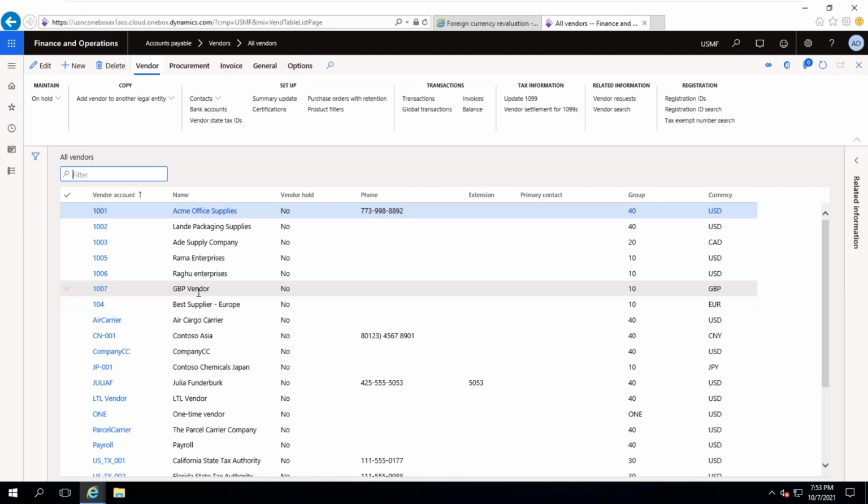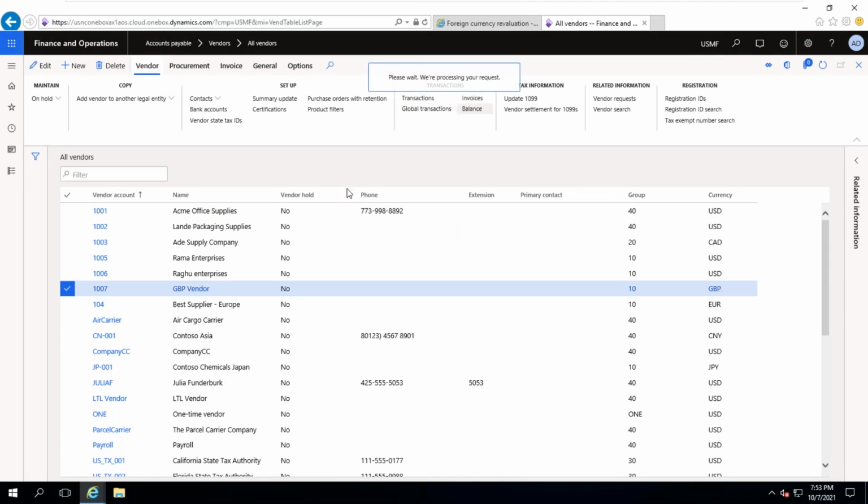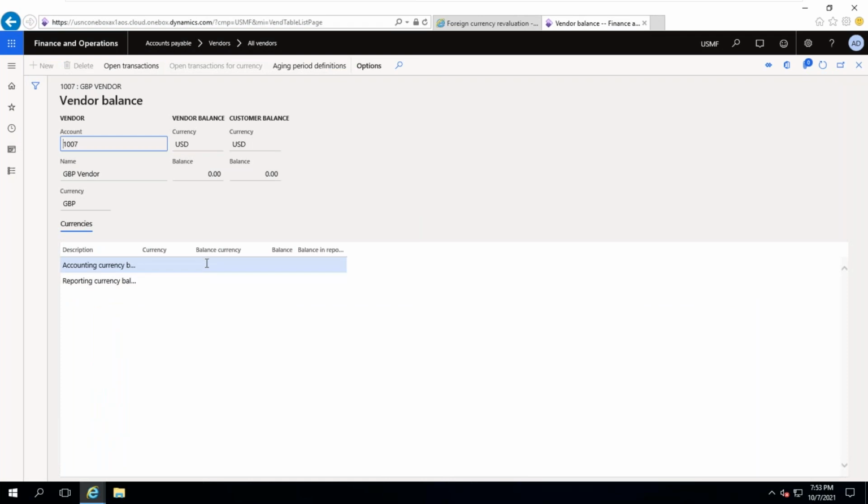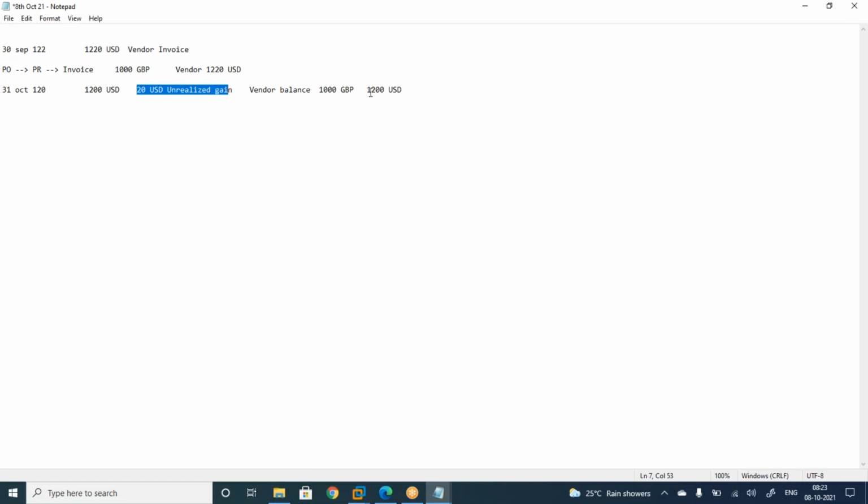So the balance amount for 1007: GBP, it will show 1000 GBP, and it will show 1200 only in US dollars. Agree with me? Because this transaction is posted, it will show you 1200. Any confusion here?